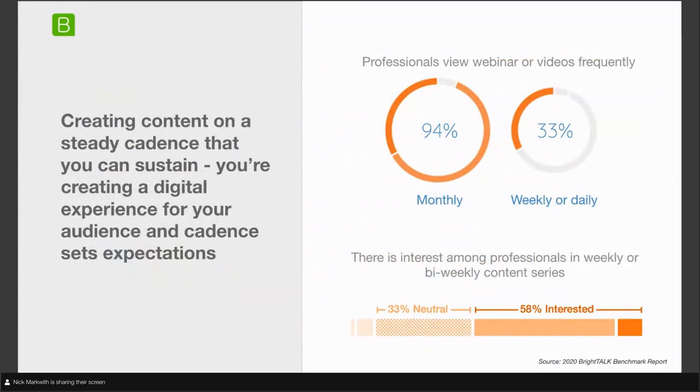A big part of creating this digital experience is creating expectation by creating a certain cadence of content. So I think it's really important that, as you think about your strategy and how to turn this into content, you don't overcommit yourself beyond the resources you have, right? I talked earlier about how BrightTALK is trying to create anywhere from 12 to 20 pieces of content.